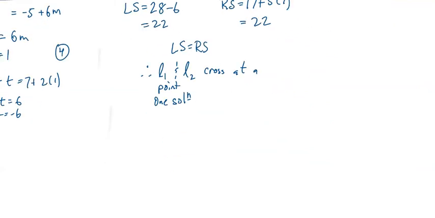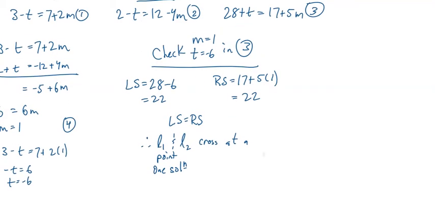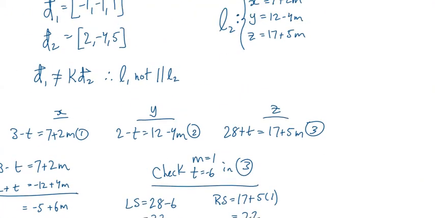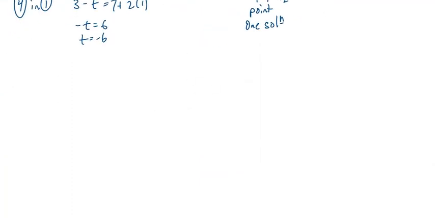So to find x, I get x equals 7 plus 2 times 1, which is 9. Y equals 12 minus 4m, which is 8. And z, oops, 17.